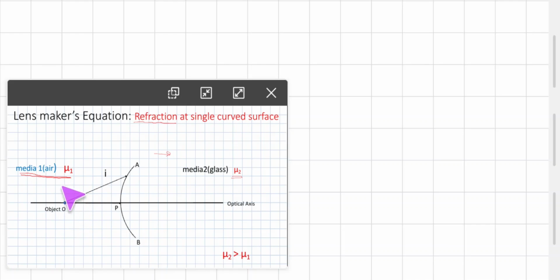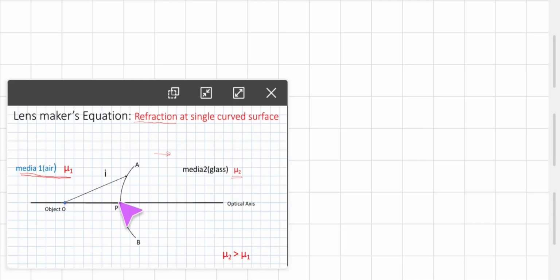When light falls on this object, it reflects and the rays are incident on the surface. Let us consider this ray, which is reaching this point, and another ray which is going along the optical axis.